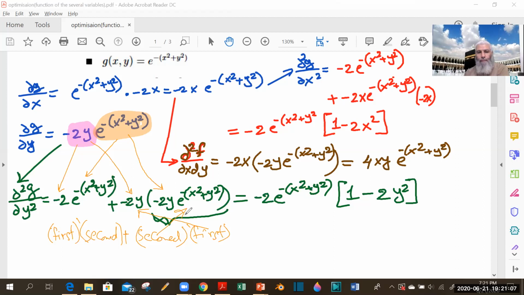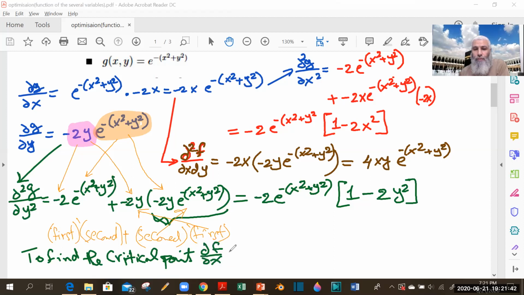Okay? Yes. Now we need to find the point. We need to equal dg dx with 0. To find the critical point, we need to fix this to 0.